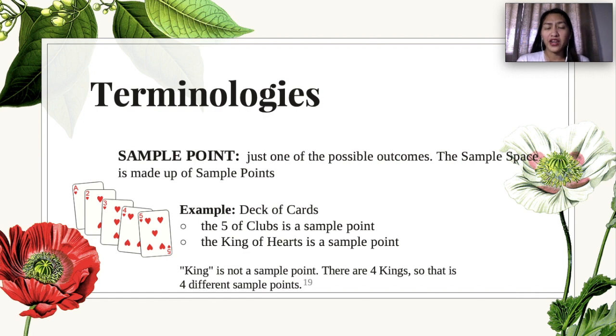The king of hearts is also a sample point. King is not a sample point because there are 4 kings, so that's 4 different sample points. So if you write king, then you have to write the specific card for that. An example would be king of hearts, king of clubs, and so on.